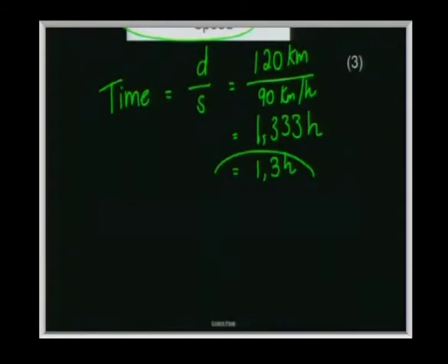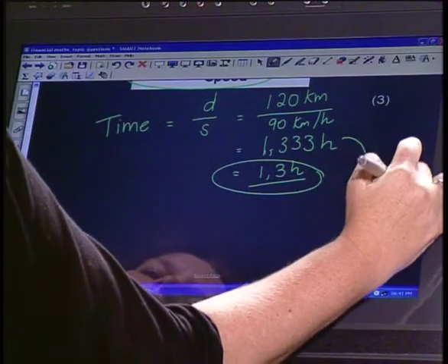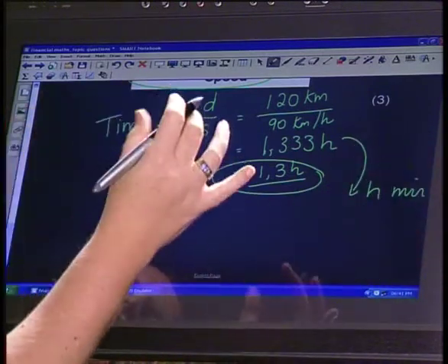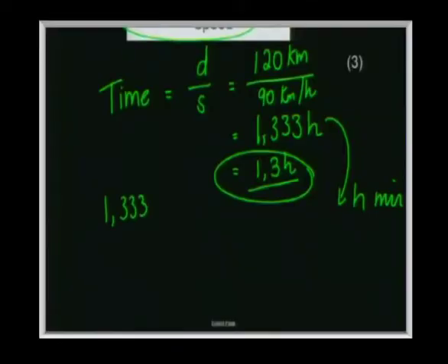Now, for me, that's not really a feasible answer. They've asked me for one decimal place, and that would probably be accepted. But actually, if I wanted to write it in hours and minutes, I could then convert this to be hours and minutes. So let's just do that as a little bit of a side extension. So 1.333 recurring hours means it's actually 1 hour and 0.333 hours.